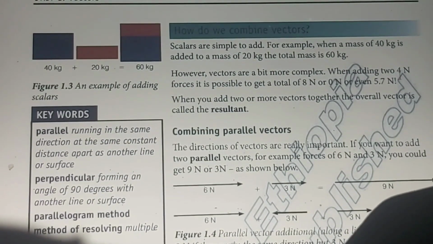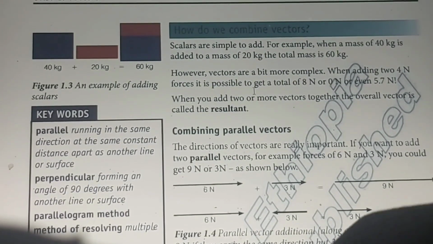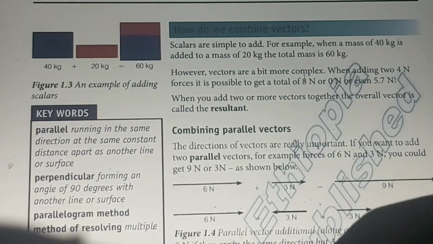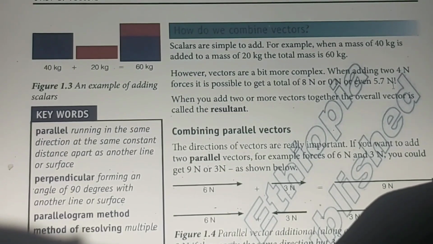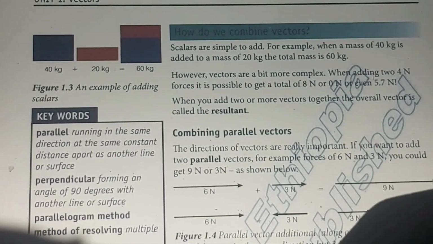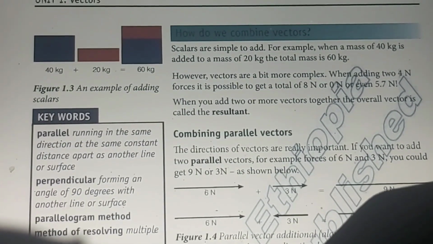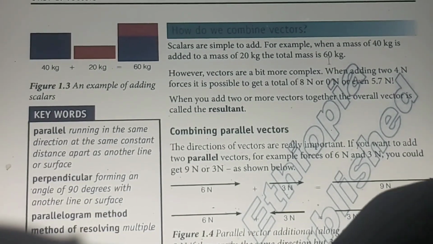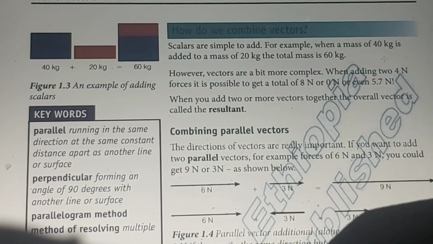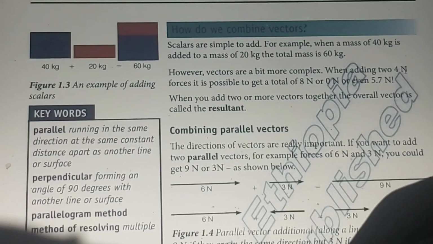For example, a 4 Newton force is given for us. Depending on direction, the result can be 8 Newton or 0 Newton or even 5.7 Newton. How? For example, two 4 Newton forces, when they are moving in the same direction, we can add. That means they are parallel and moving in the same direction.